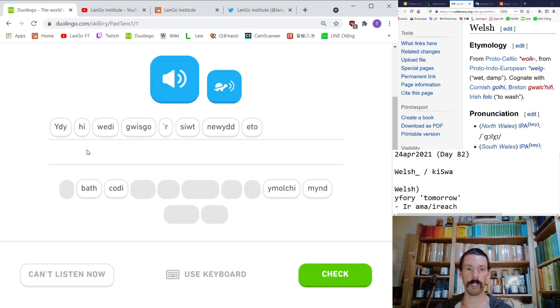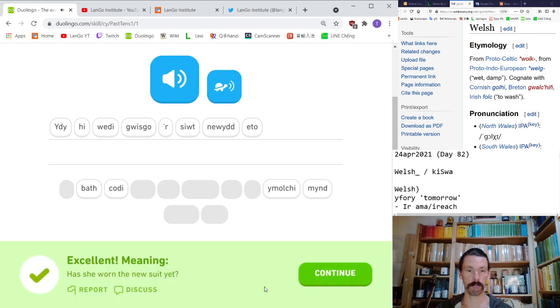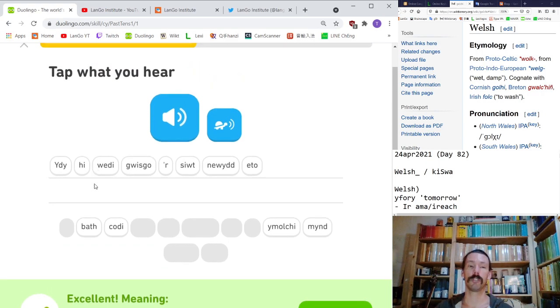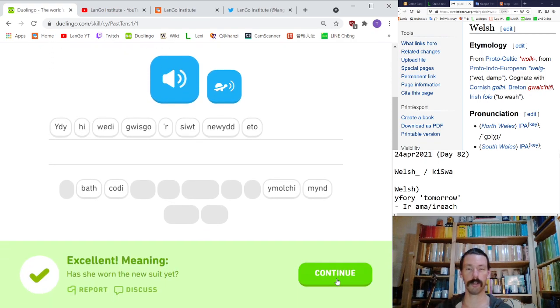Hi, I think, means she. Has she worn the new suit yet? Oh, this is a question form, like with a prefixed article at the beginning. This is probably a ta then. Could it be the ta of Irish? Who knows? Not really important right now.